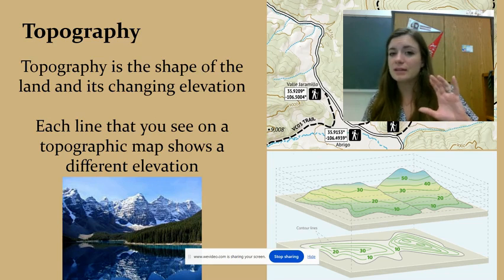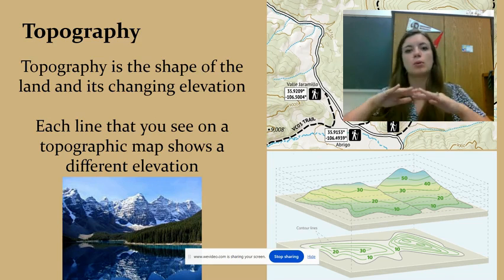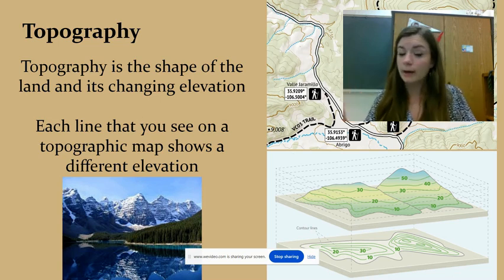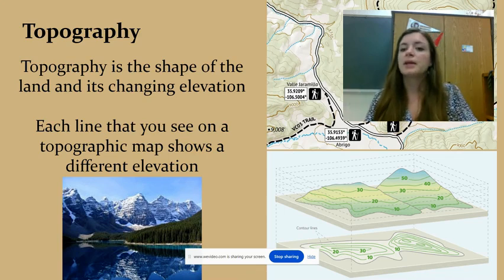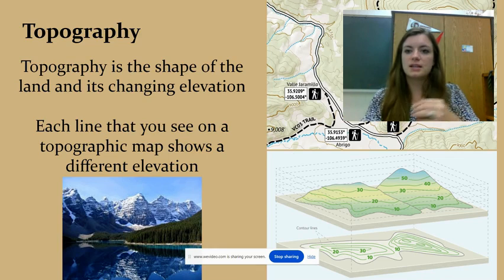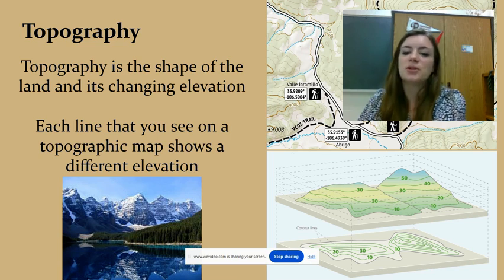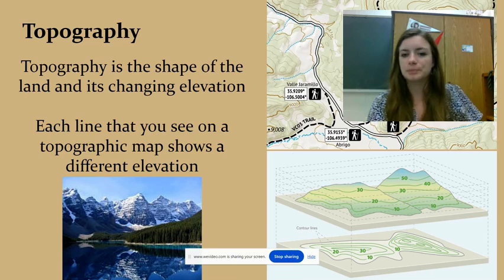Maybe that's for advanced hikers, versus which trail has more of a shallow slope to it. That might be better to go on with grandma, unless your grandma is really spunky. I don't know. But you'll often see a picture like this on a hiking map, and what those lines are are topographic maps. So hopefully when you go on vacation or something, you'll remember this lesson in this class.